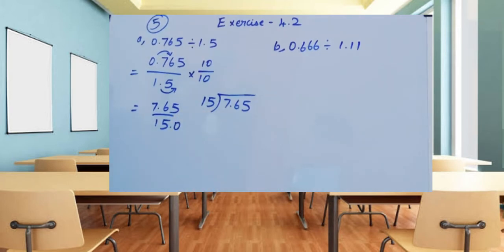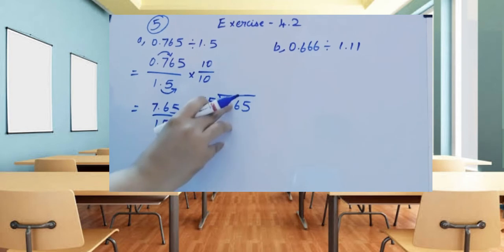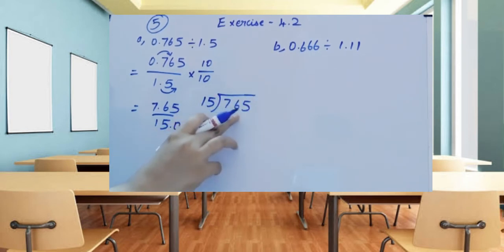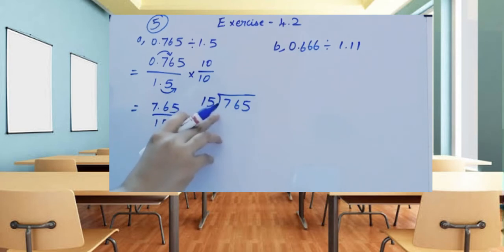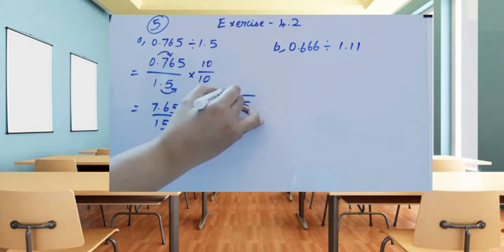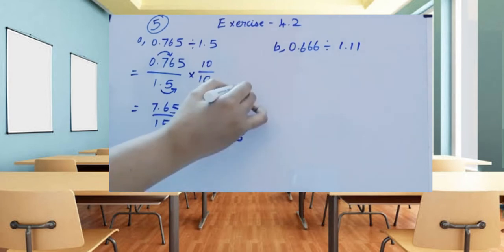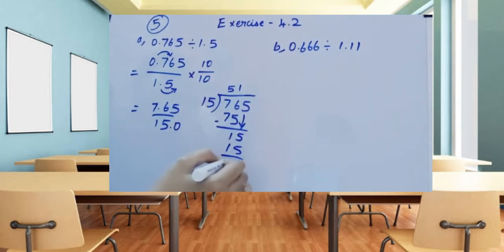Since the decimal is after the 7, we can keep the decimal after dividing the numbers. So we consider only the numbers, 765 divided by 15. 15 into 5s are 75, remainder 1, 15 into 1s are 15, 0.